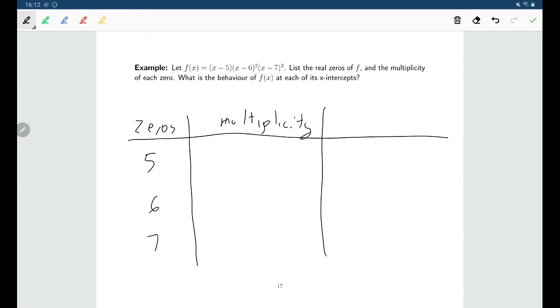Now, as far as multiplicity goes, the 0 of x being 5 came from the factor x minus 5, and that only showed up once. For x being 6, that came from the factor x minus 6 squared, so for that, the multiplicity is 2. For x being 7, that came from x minus 7 cubed, so the multiplicity is 3.